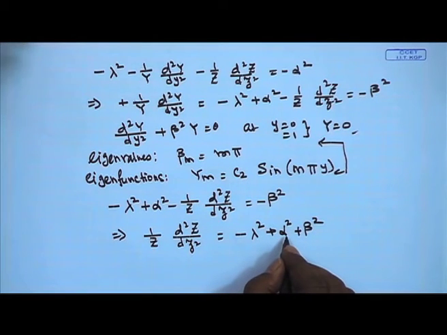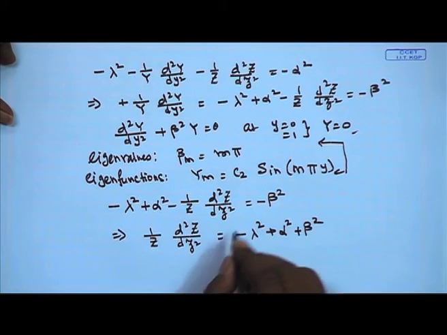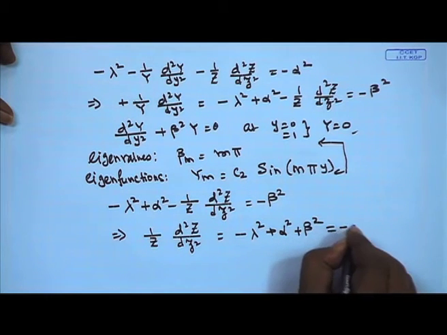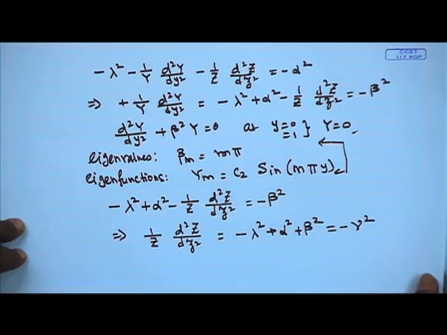Alpha square you have seen is 2n minus 1 pi by 2 whole square, and beta square is m square pi square. So, this constant has to be a negative constant, minus gamma square, in order to have a non-trivial solution of z.